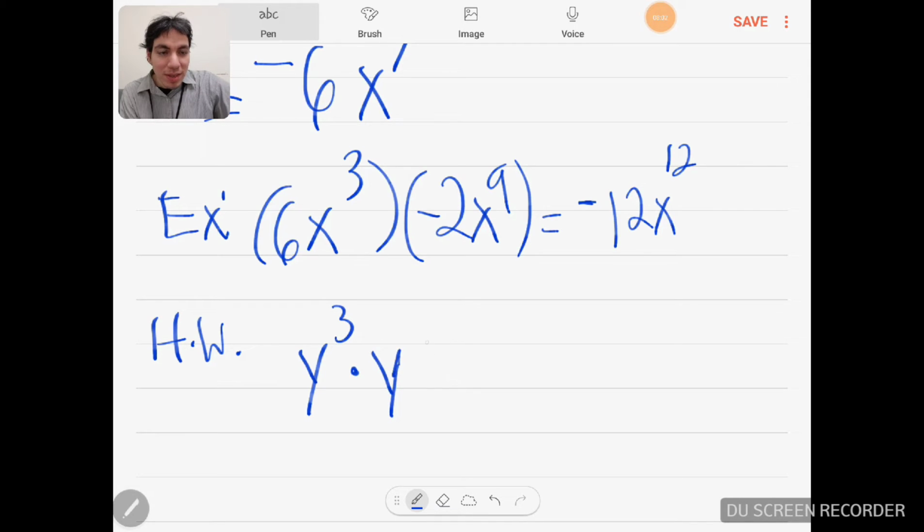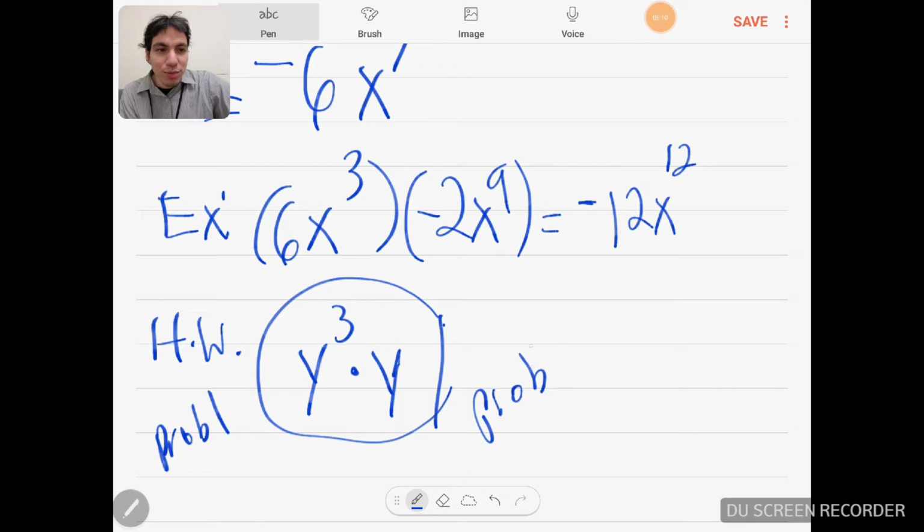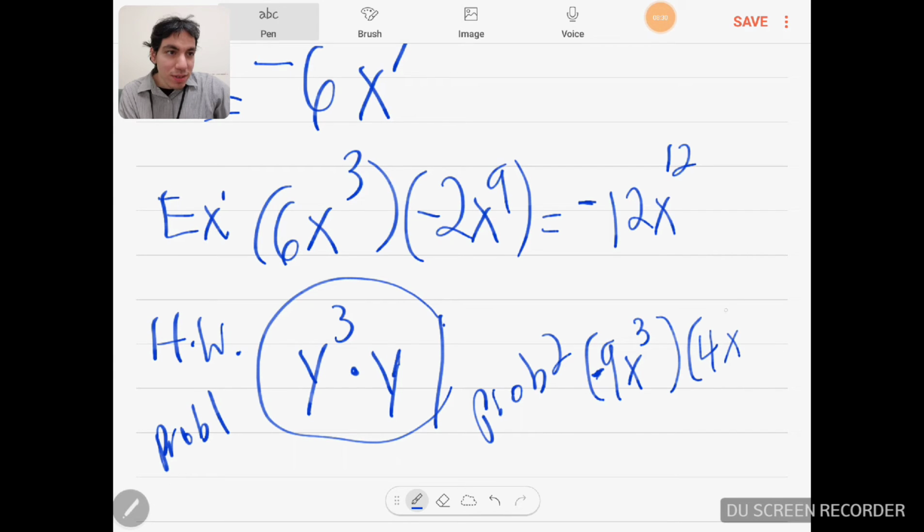And problem 2 is negative 9x to the 3rd times negative 4x to the 6th. Those are your 2 problems for you to do for homework, whatever. These are optional, these are not necessary.